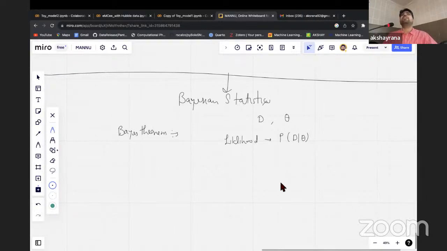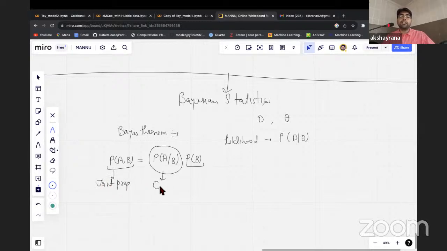Are you familiar with conditional probability? There is something called the joint probability function. The joint probability function P(A,B) is going to be P(A given B) times P(B). Means the joint probability function of A and B is this quantity times the probability of getting B independently. This is the joint probability.